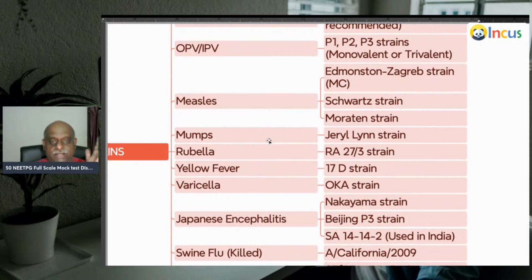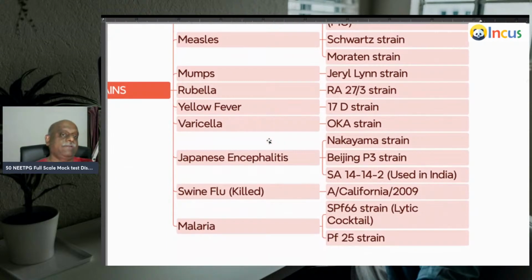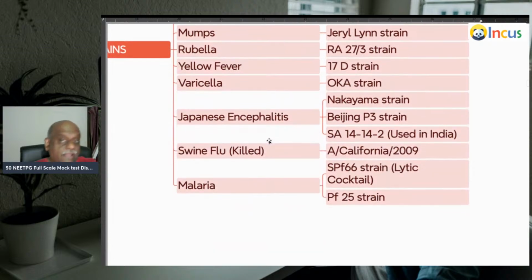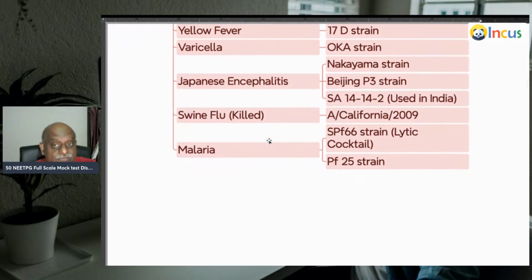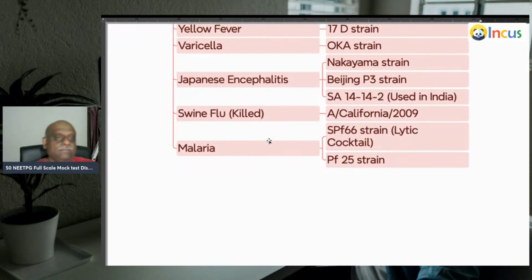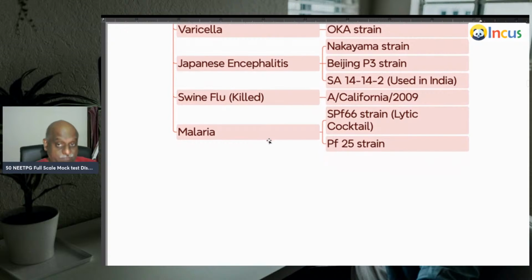Mumps, Gerillin; rubella RA27/3; yellow fever 17D; varicella okay; Japanese encephalitis Nakayama, Beijing SA 14-14-2; swine flu A California; malaria SPF 66 strain and PF 25 strain.